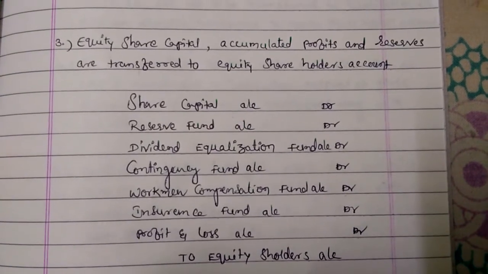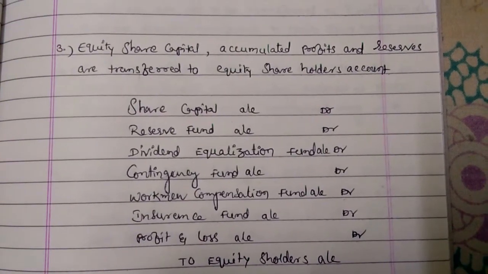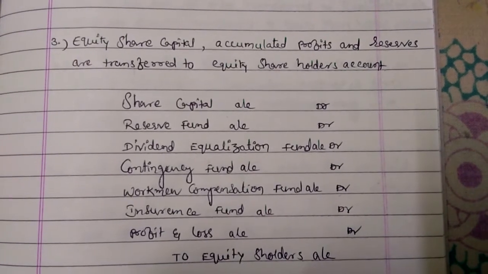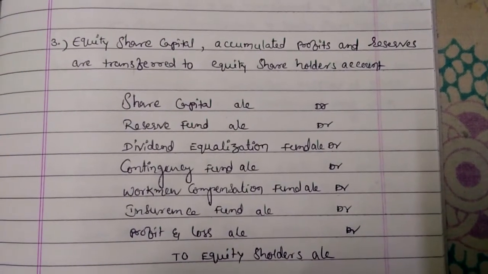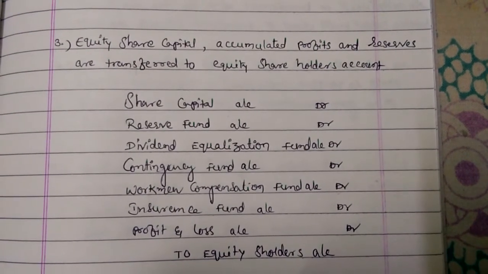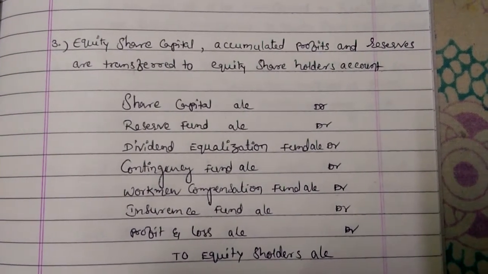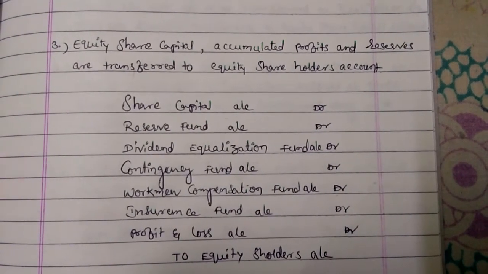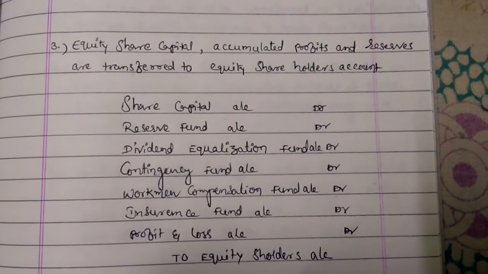And the third one: equity share capital, accumulated profits and reserves are transferred to the equity shareholders account. Why? Because these items belong to equity shareholders, so they are not transferred to the realization account.